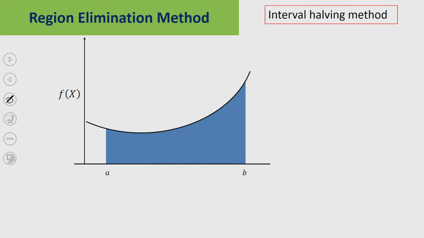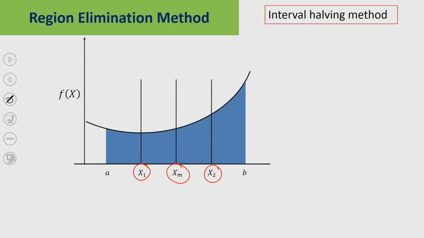Now, the first method is the interval halving method. In this particular method, we are taking 3 points. One is at the mid, that is x m. What is x m? x m is equal to (a plus b) by 2, and x 1 is between a and x m, and x 2 is between x m and b, exactly at the middle of x m and b, and x 1 is exactly at the middle of a and x m.